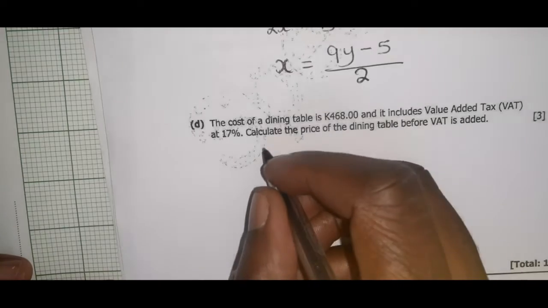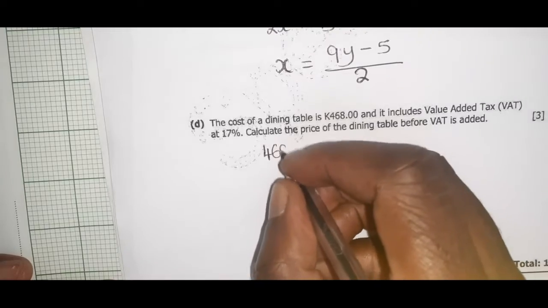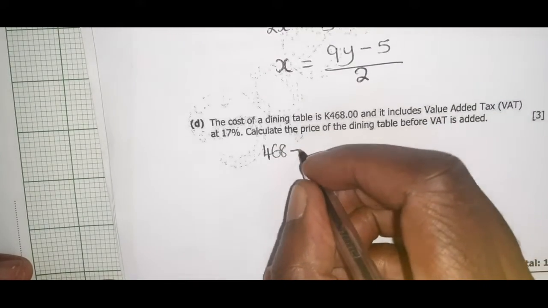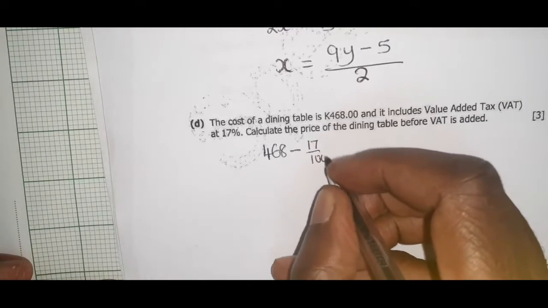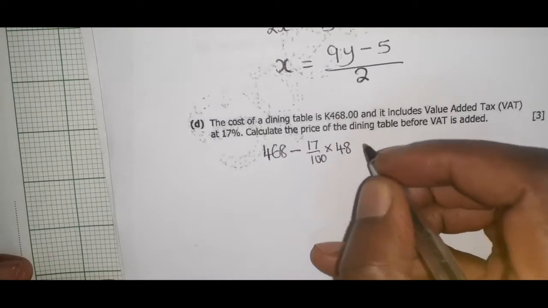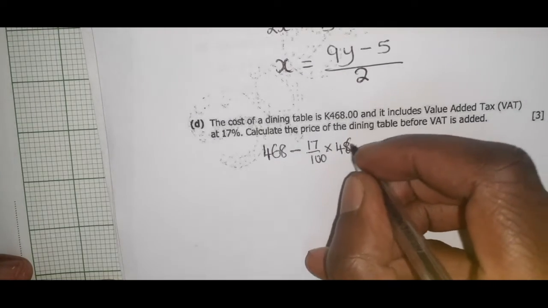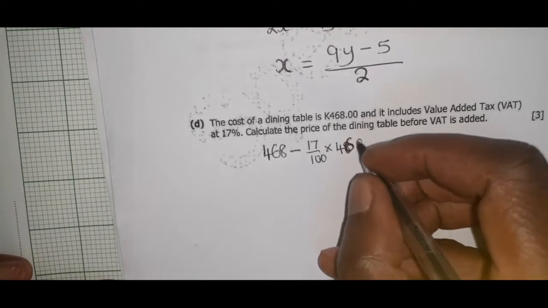So we can say 468 minus 17% of this same amount.